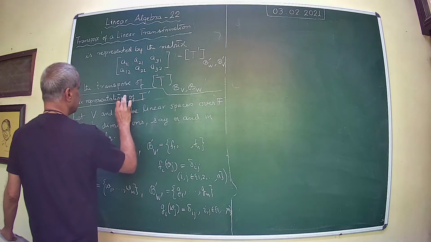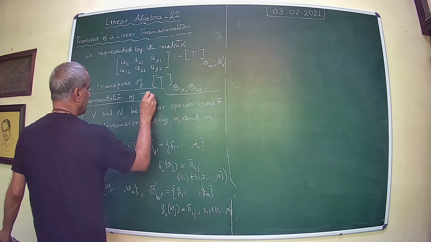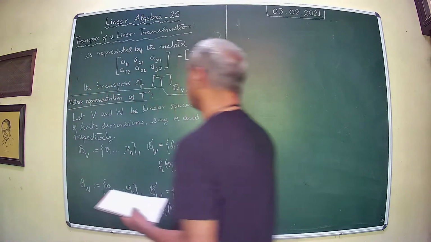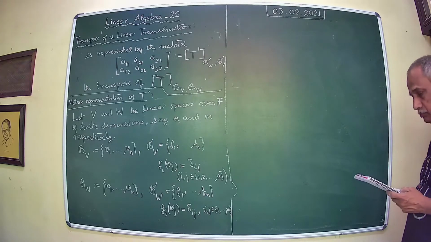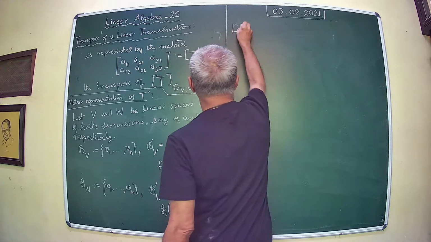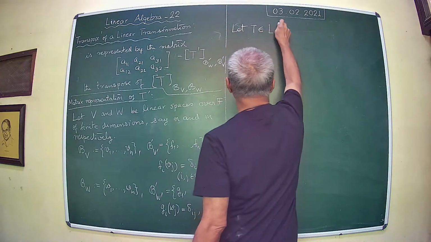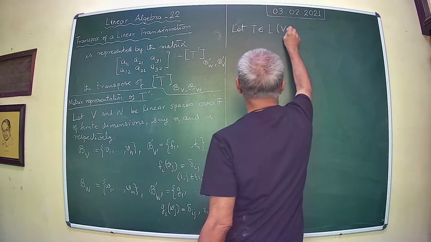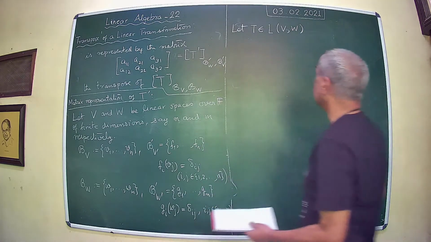Matrix representation of that. So let T be given as a linear transformation from V to W. So it is in L(V,W).